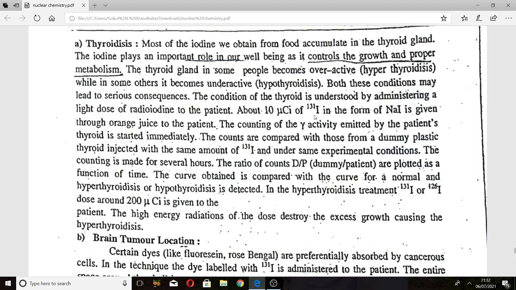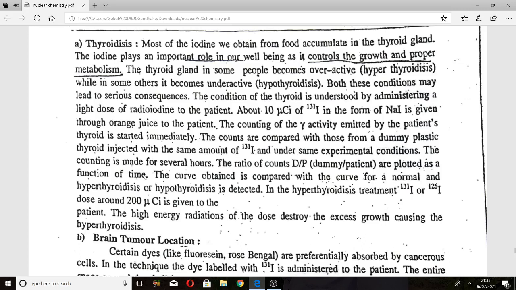The counts are compared with those from a dummy plastic thyroid injected with the same amount of iodine 131 and under the same experimental conditions.